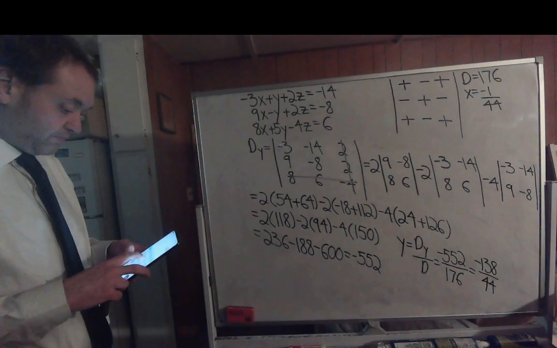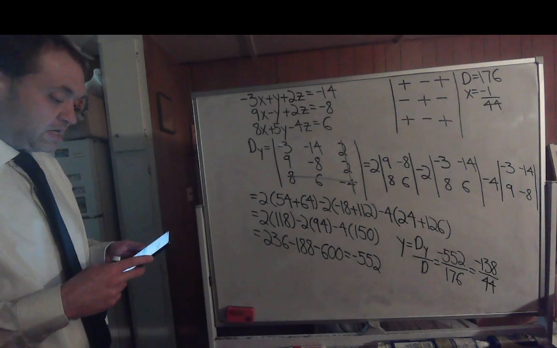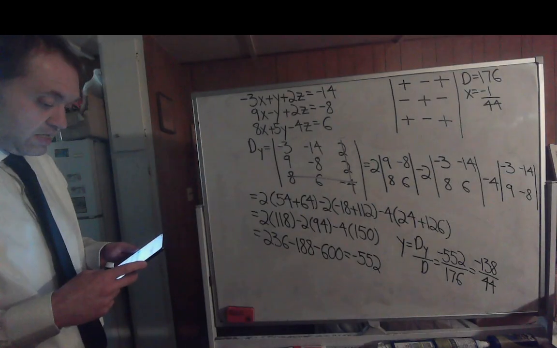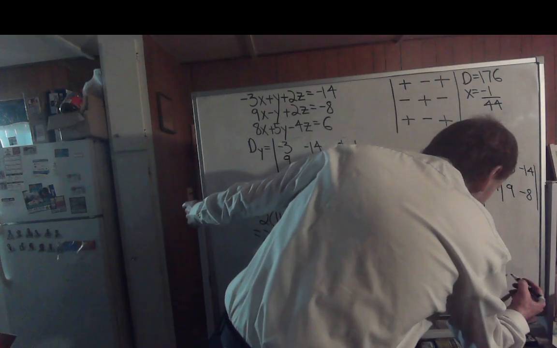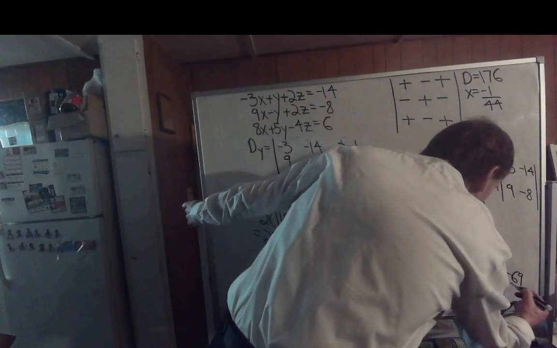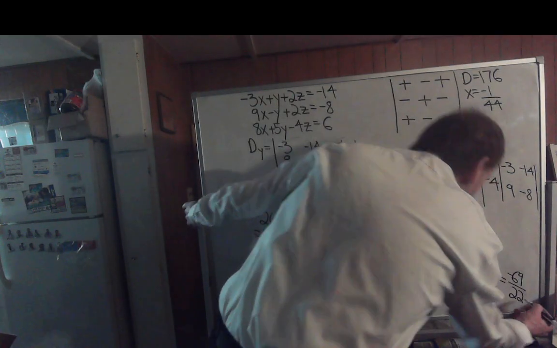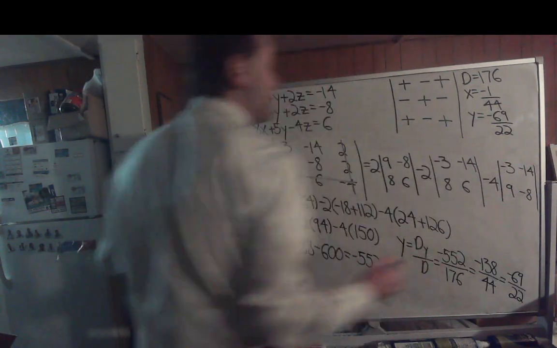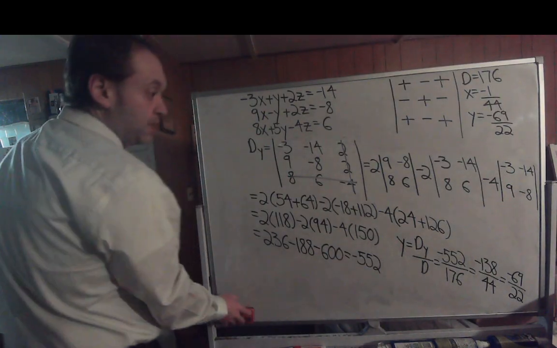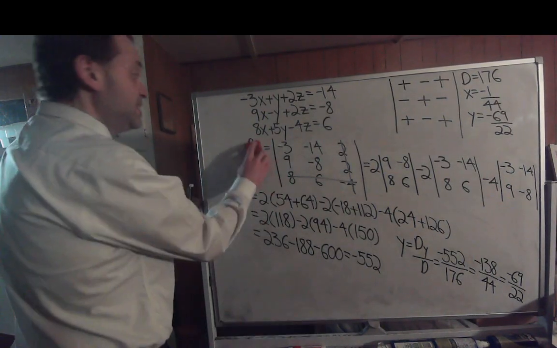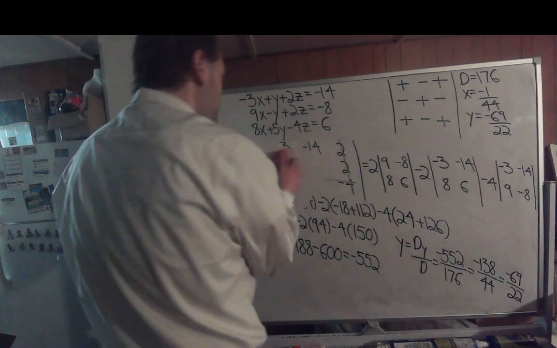This will end up being negative 69 over 22. So y has a value of negative 69 over 22. So now we are going to find d sub z and ultimately solve for z.